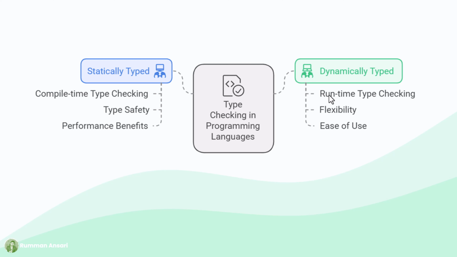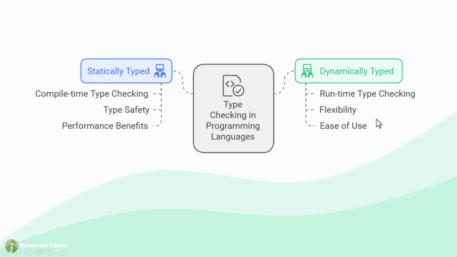But there is a potential for type related runtime errors. Since the type checking happens at runtime, errors may go unnoticed until the code is actually executed, which can lead to issues that are harder to debug. So both have their benefits and disadvantages as well.